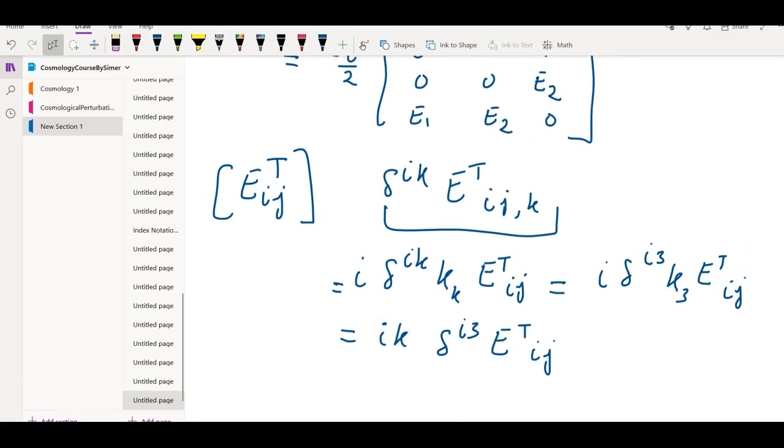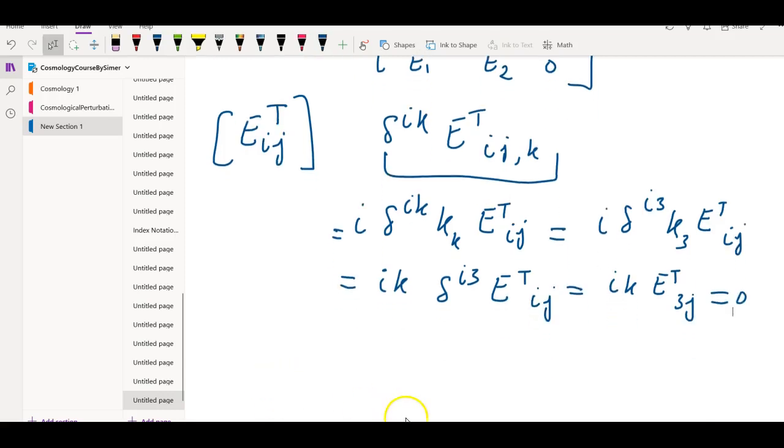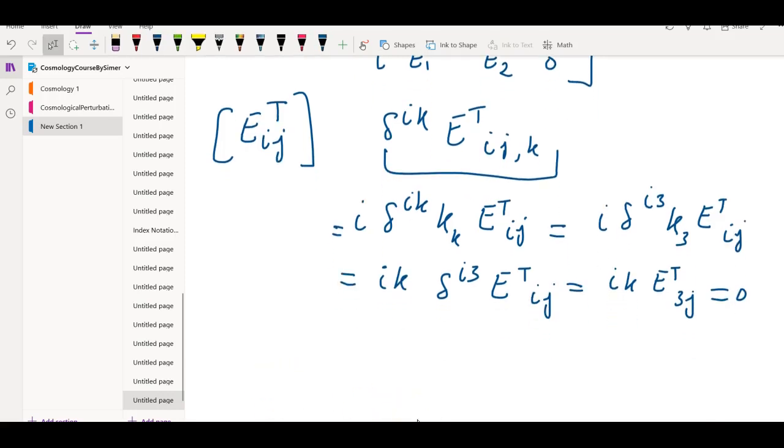So we get ET3J, and this is equal to 0 because of the transverse condition constraint. Therefore ET3J is equal to 0.